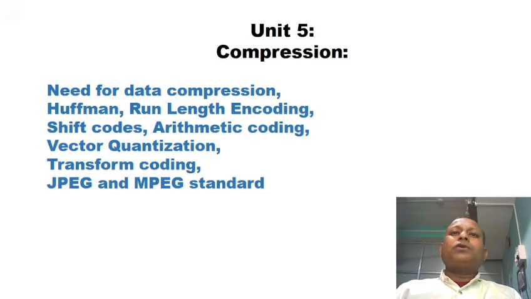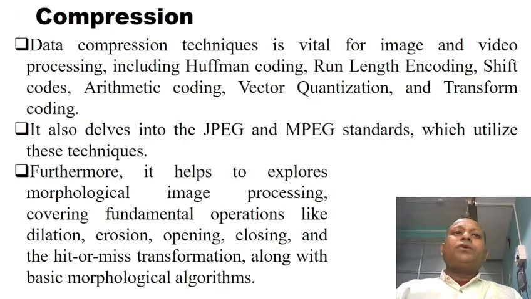Now, the content of my discussion today is the need for data compression, Huffman coding, run length encoding, shift codes, arithmetic coding, vector quantization, transform coding, and the JPG and MPG standards. Now, what is data compression and why is it important?